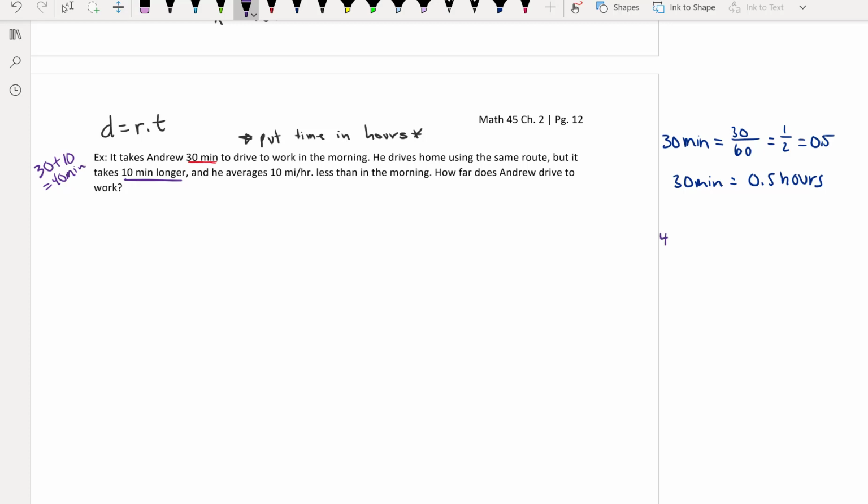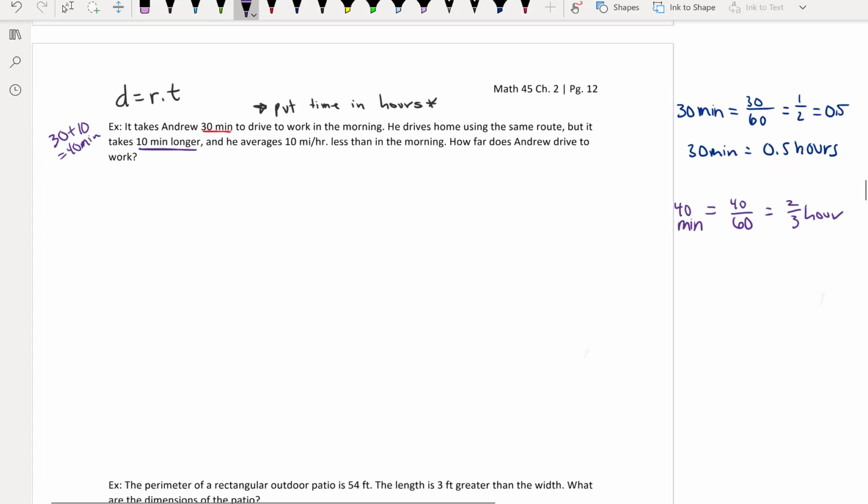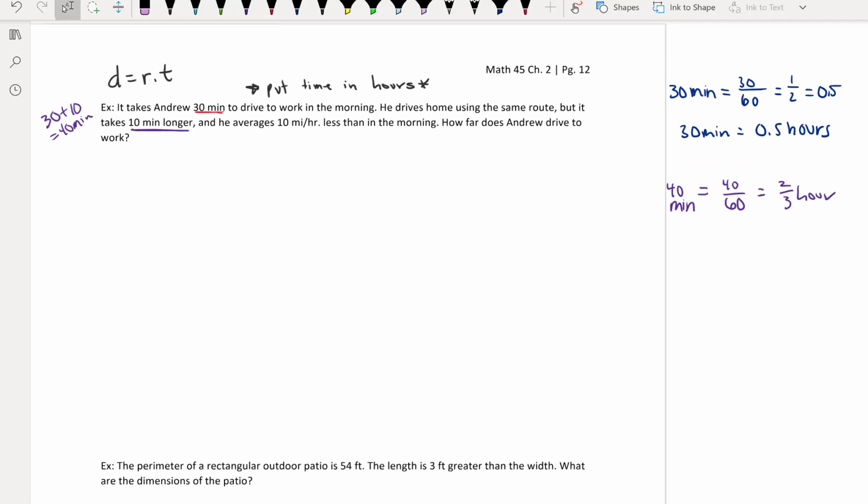So if I have 40 minutes, that's going to be my 40 over my 60. Now reduce that, that's going to be 2/3 of an hour. And it's okay if I leave it as a fraction, that's fine, okay? All right, so now I know what 30 minutes is. It's 0.5, or it's half an hour. And 40 minutes would be 2/3 of an hour.